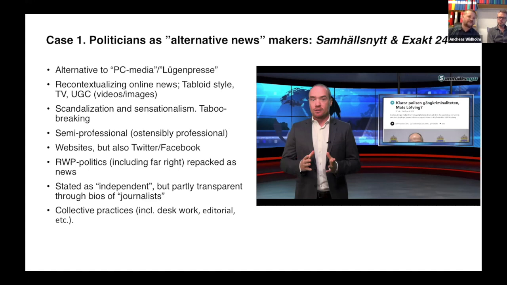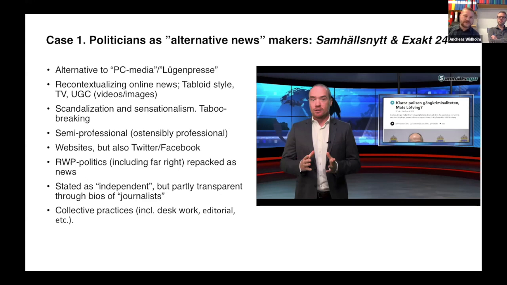This results in a sort of tabloid style news featured by sensationalism and also taboo-breaking style news, for example, including footage and images of violence or other graphic footage which generates data traffic to their sites. Often these violent images also include then pictures of immigrants as perpetrators.